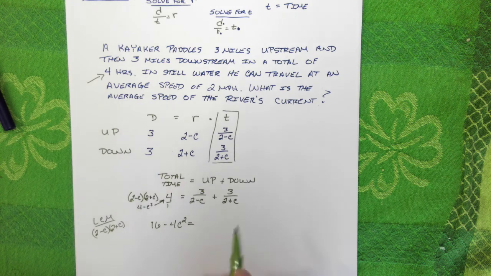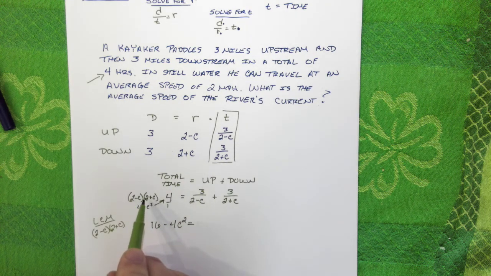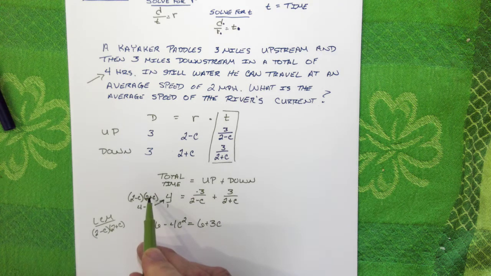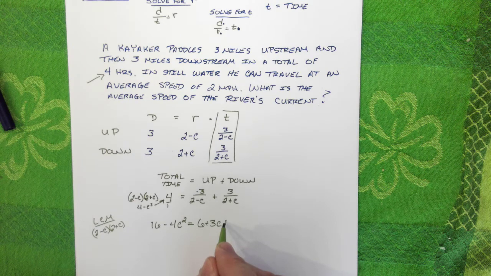Equals, now, as we look at it, the 2 minus C's cancel out. Gives me a 2 plus C times 3. So 6 plus 3C. Due to this one, the 2 plus C's cancel each other out. Leaves us with 6 minus 3C.